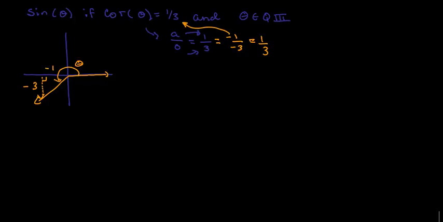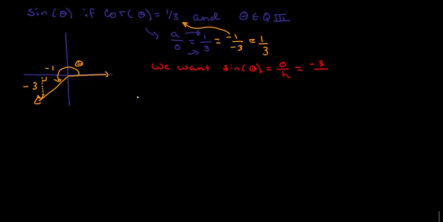So the question is, what's the hypotenuse? So we want the sine of the angle. And the sine is equal to the opposite side over the hypotenuse. Well, I know the opposite side. The question is, what's the hypotenuse? This is a right triangle.